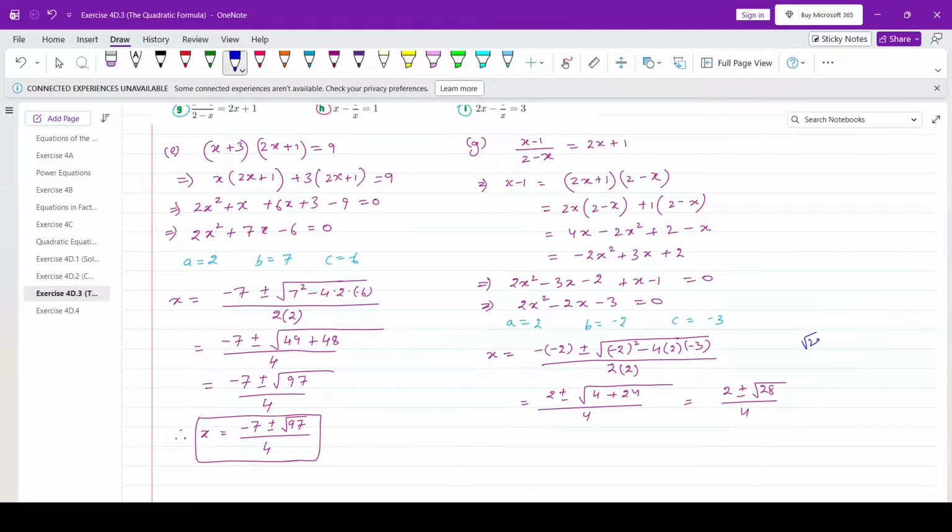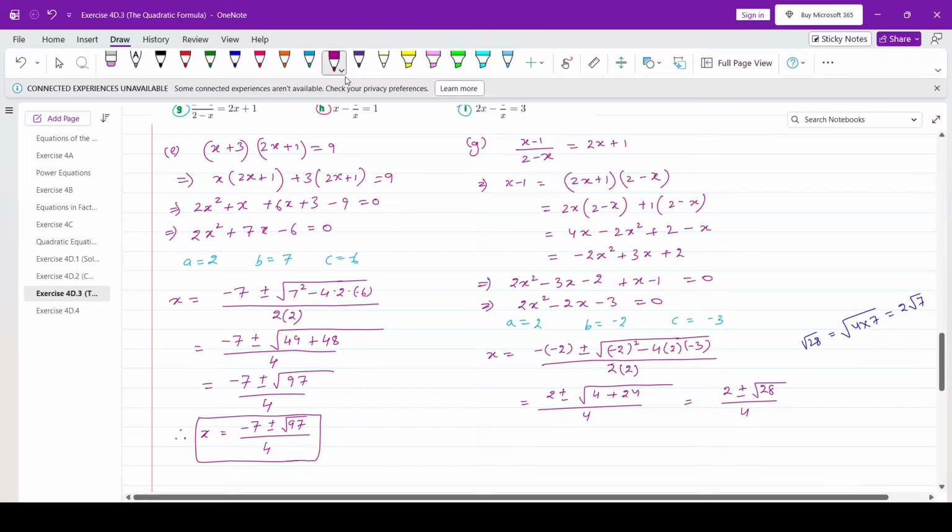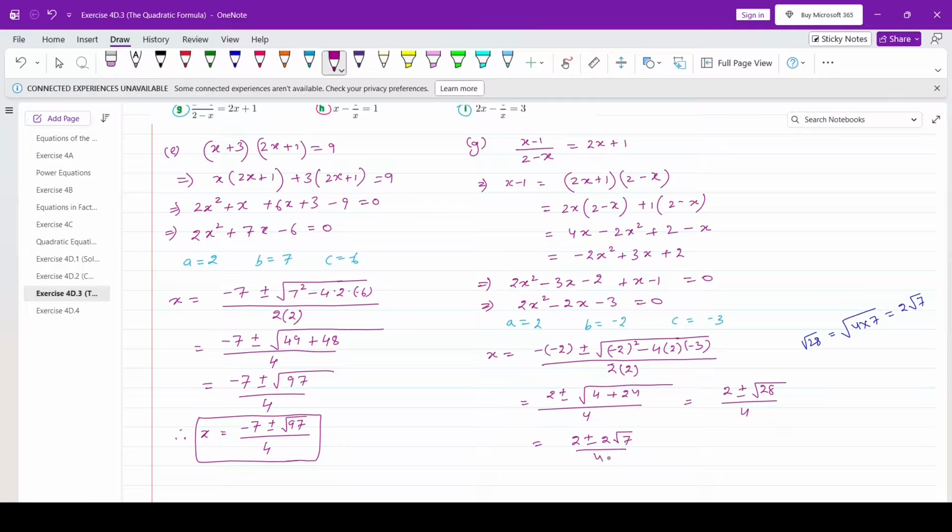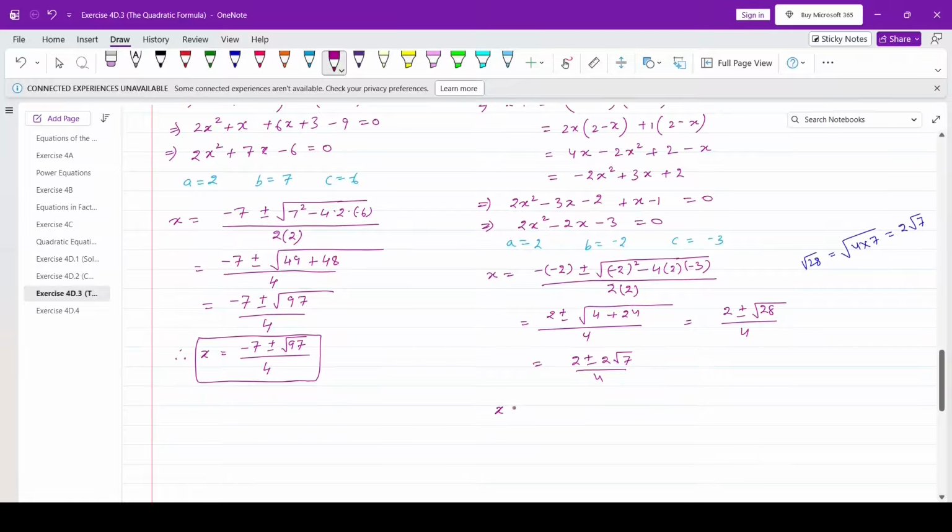We know square root of 28 is equal to square root of 4 times 7, and that is equal to 2 root 7. Therefore, we can write it 2 plus or minus 2 root 7 divided by 4, or x is equal to 1 plus or minus root 7 divided by 2, and that's the answer.